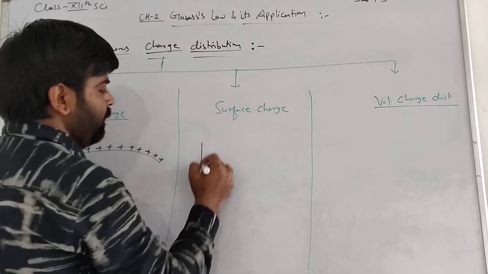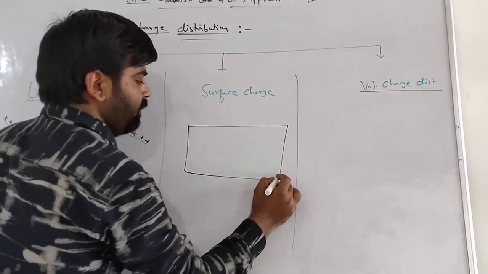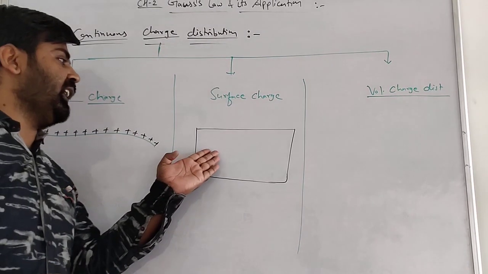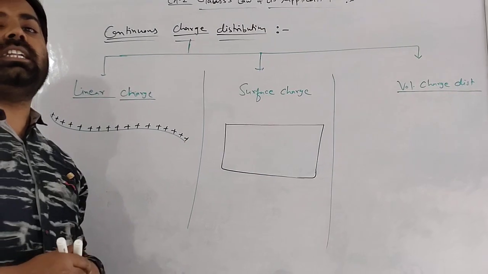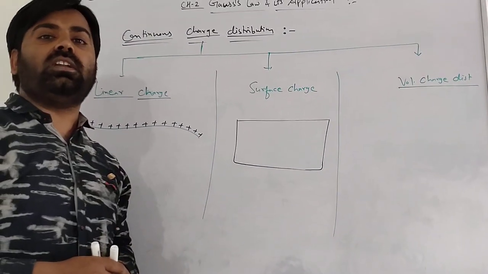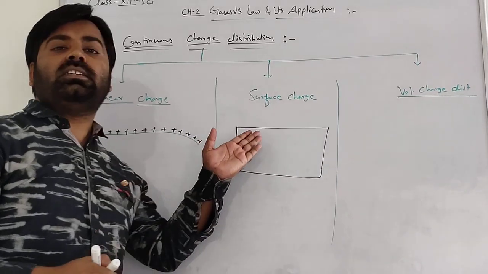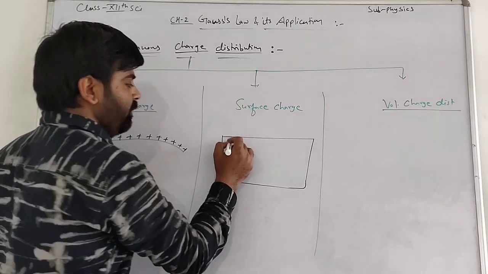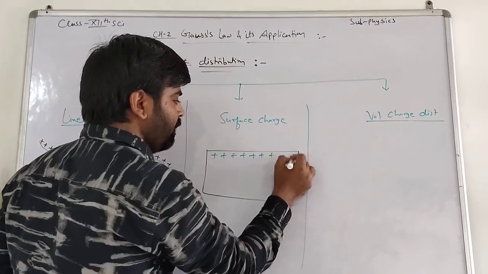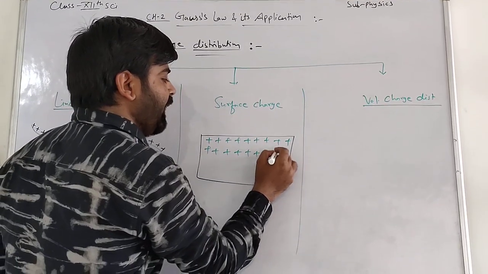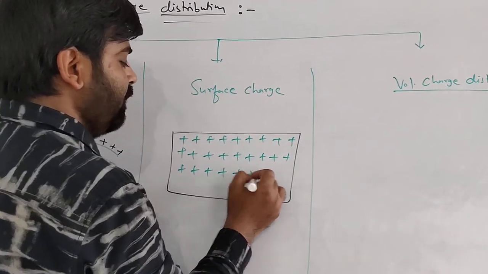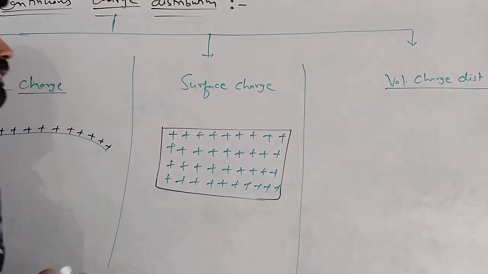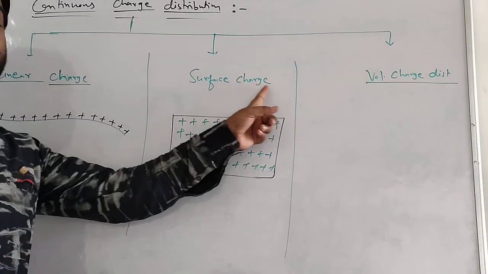If we take a very thin sheet and give charge to the sheet, then the charge will be distributed along its length and its width, or in two dimensions, or over its surface area, in this way. So if the charge is distributed in two dimensions, along its length and width, then it is called surface charge distribution.